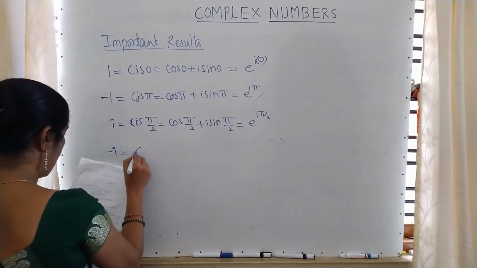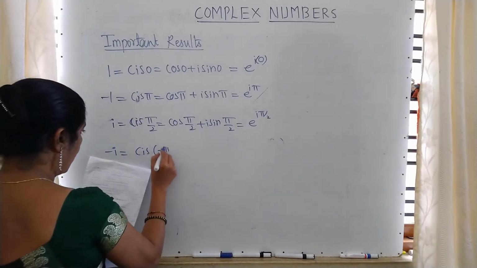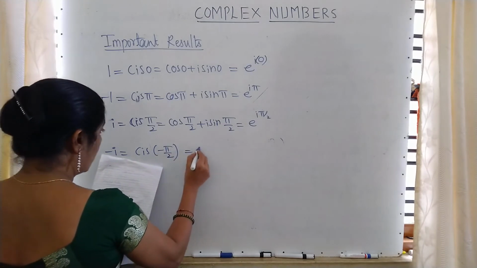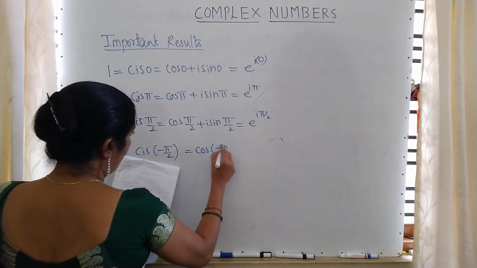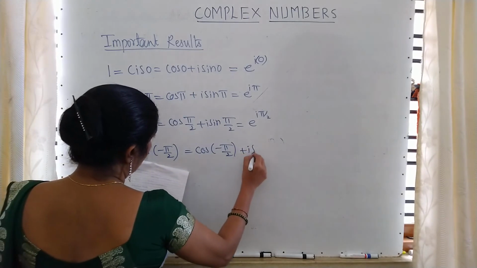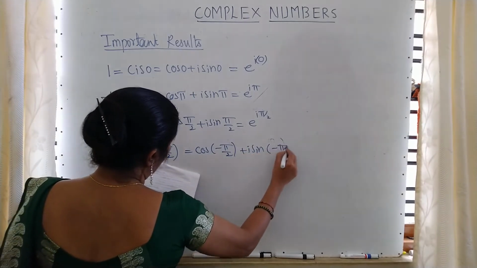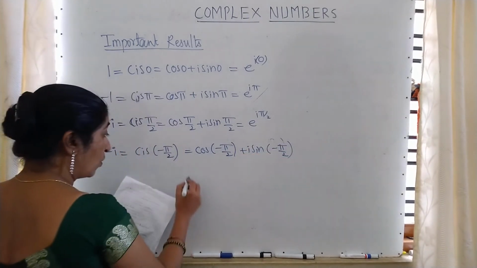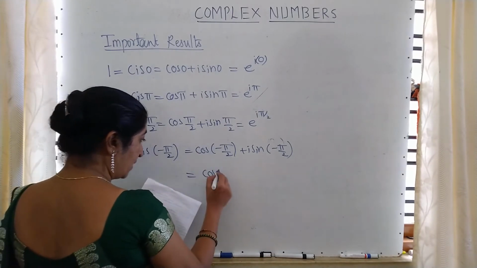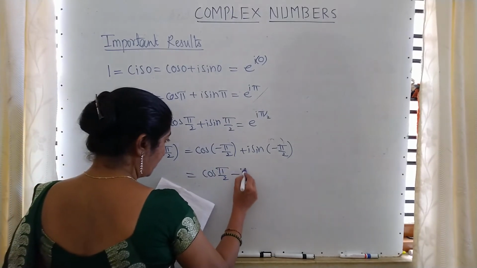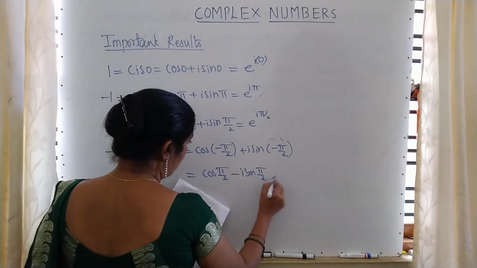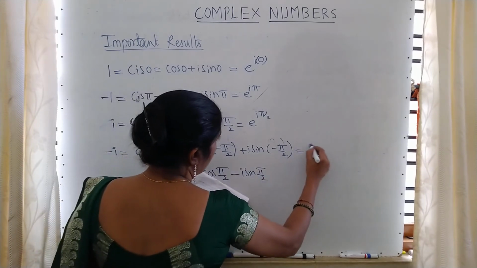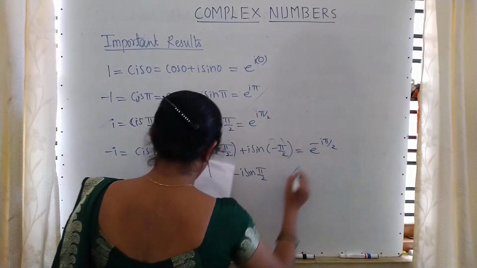Minus i is cis of minus pi by 2, that is cos of minus pi by 2 plus i sin of minus pi by 2. Since cos of minus theta is cos theta and sin of minus theta is minus sin theta, it is also written as e raised to minus i pi by 2.